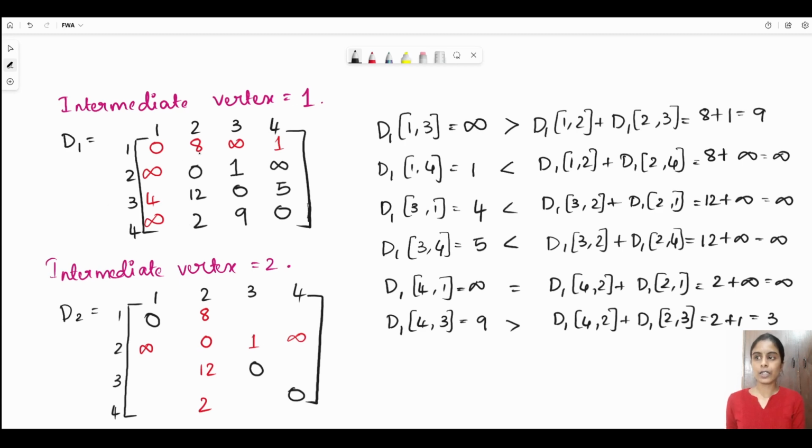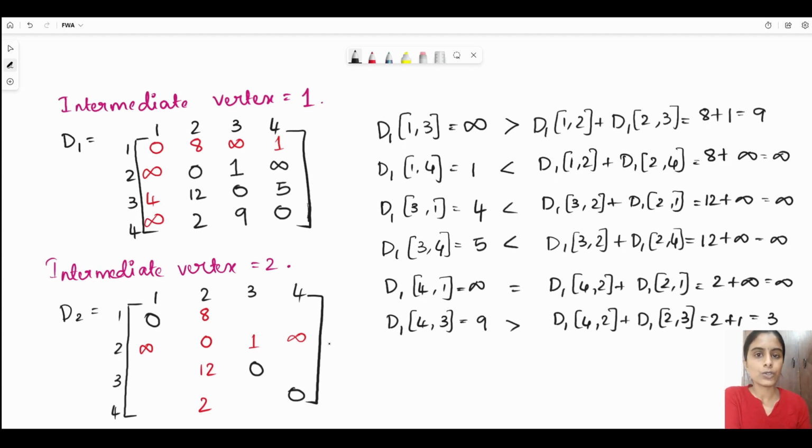So if you see in the D1 matrix, the column 2 is 8, 0, 12 and 2. Here also similarly, we are retaining it as it is in D2 as 8, 0, 12, 2. For row 2, we see infinity, 0, 1, infinity. So we have retained here also infinity, 0, 1, infinity.